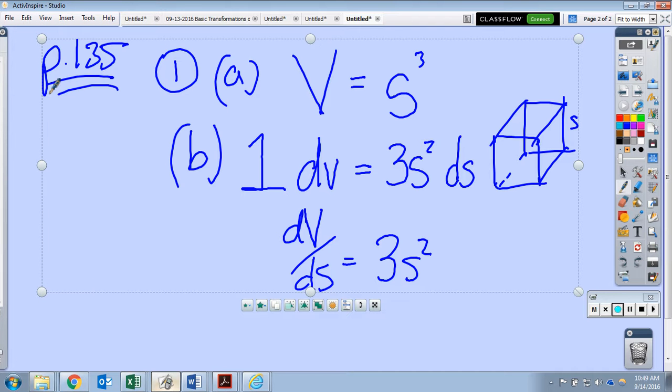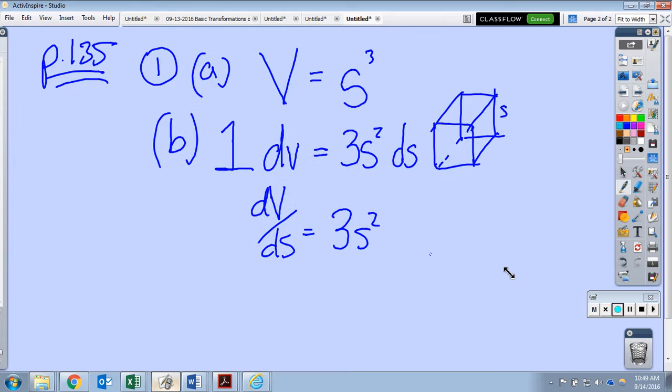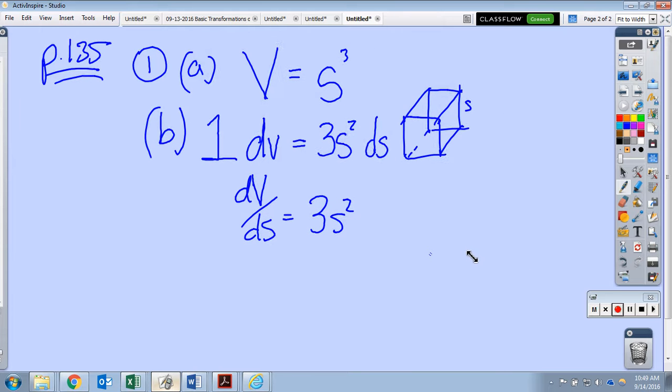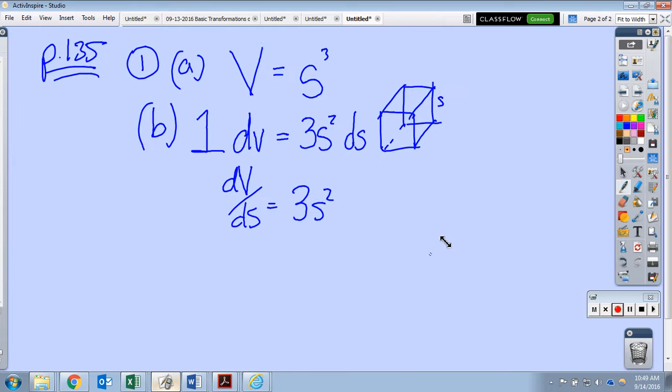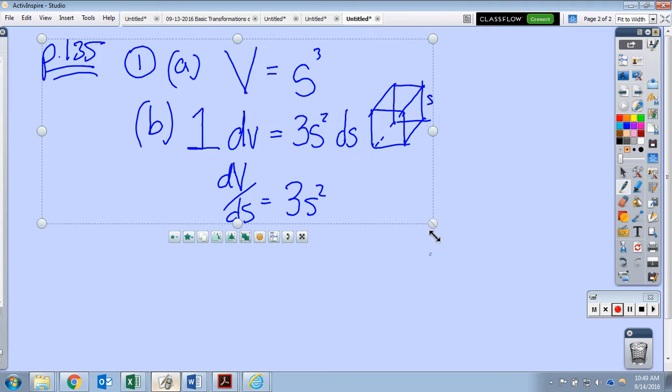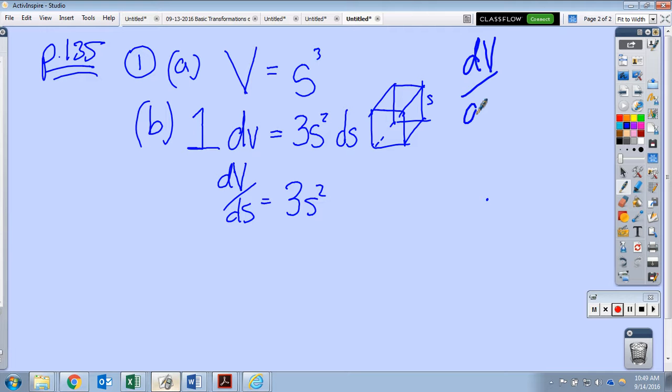So the 3s squared is the rate of change, the instantaneous rate of change of the volume with respect to the change in the side length. I'll write that. So what that means, the terminology is clear.